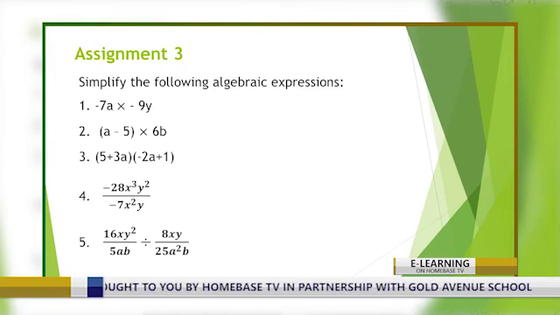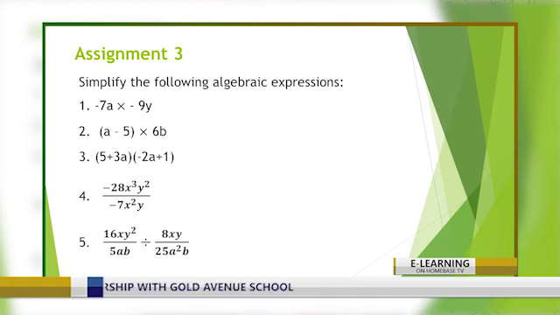The third one, you have in brackets 5 plus 3a, and in another bracket negative 2a plus 1. So all that means you have to expand. I've already explained that. Bracket means multiplication. So you have to expand. Expansion is by multiplication. Good.